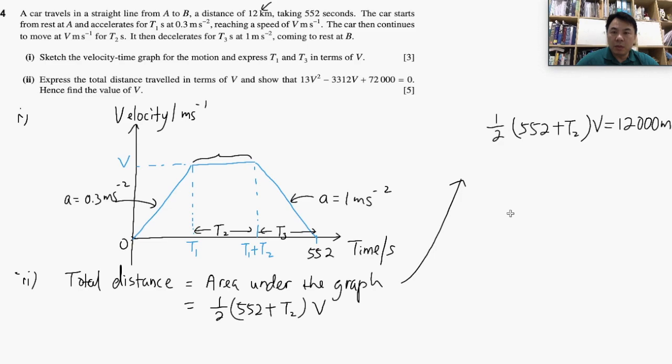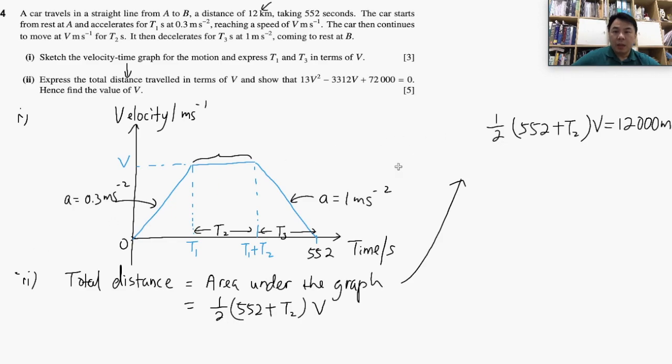But as you can see, if I do it this way, it does not bring me anywhere, because the first instruction indicates that I need to find the total distance traveled in terms of v. That is the question there. So never mind, we can leave it here. It might be useful in a while.